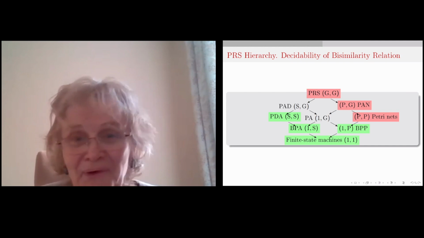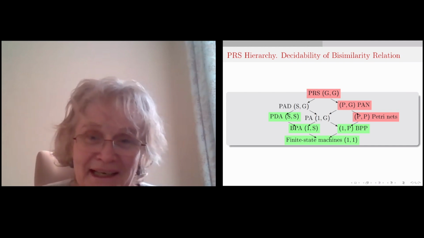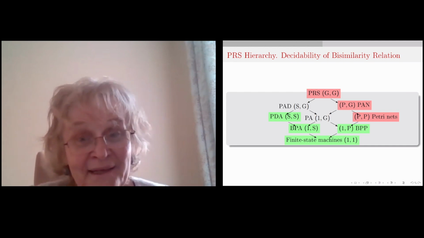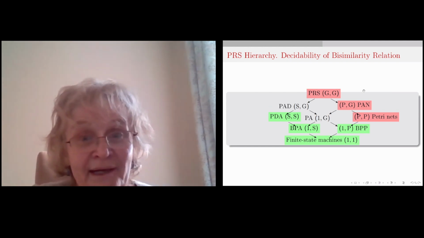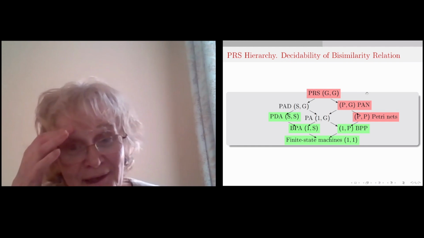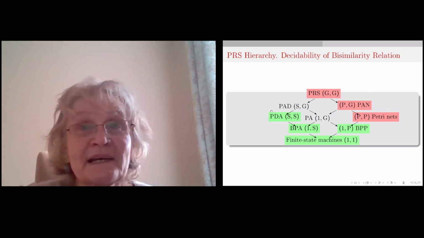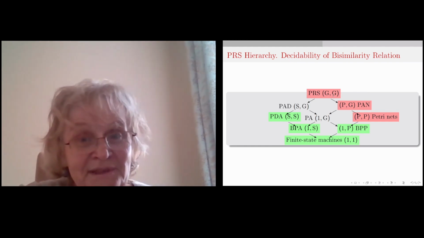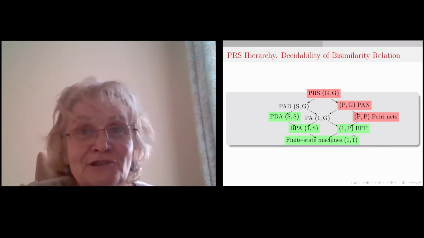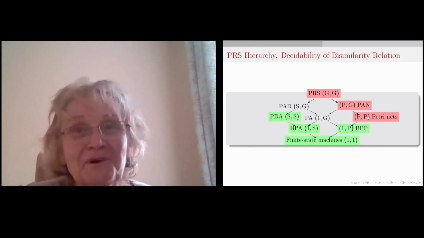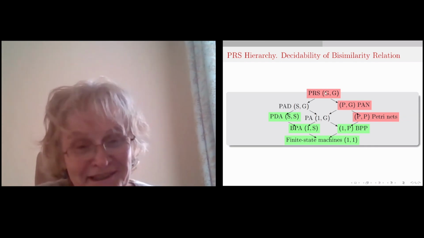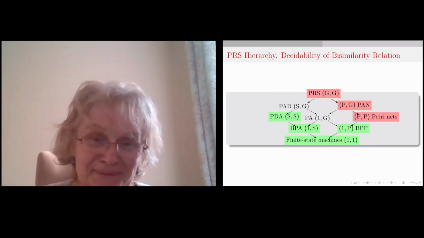This hierarchy was constructed, and for this hierarchy it is proved that reachability is decidable. Actually, it is somehow a generalization of the proof from Petri nets to these more general systems.